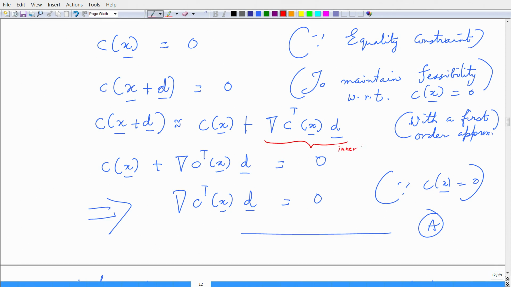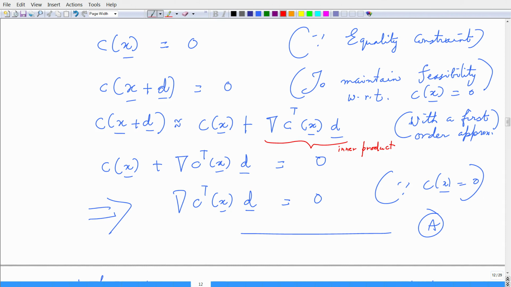If you are wondering how to do the Taylor series expansion with respect to vectors, you can look into any calculus book, but be aware that C of x is a scalar quantity. The inner product gives me a scalar, so at least this obeys the dimensions.